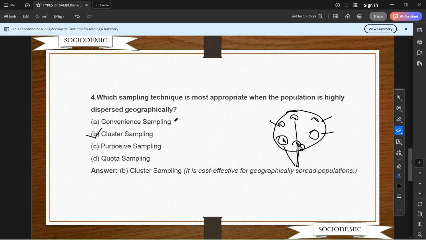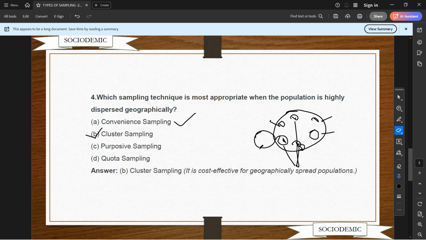What is convenience sampling? Friends, in convenience sampling there is no division, there is no cluster. Whoever is available right now to the researcher, we take their opinions. We can't randomly pick, we don't do clusters, there is no snowballing sampling, nothing. Convenience sampling means just whoever is available. For example, you are studying in a university and you want to take feedback on the faculty of that university.